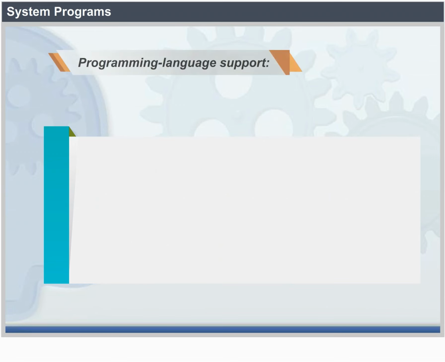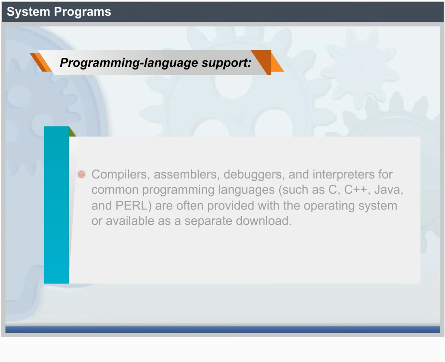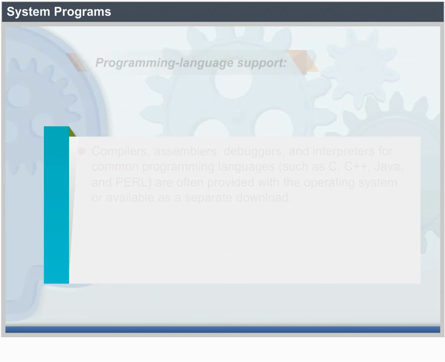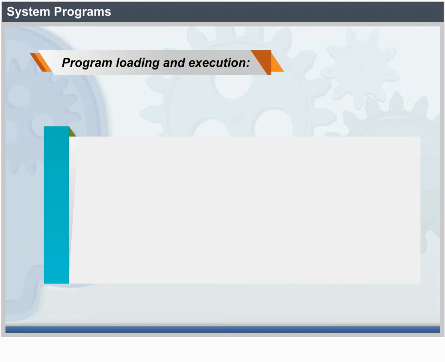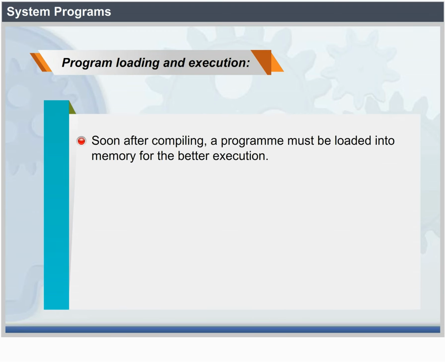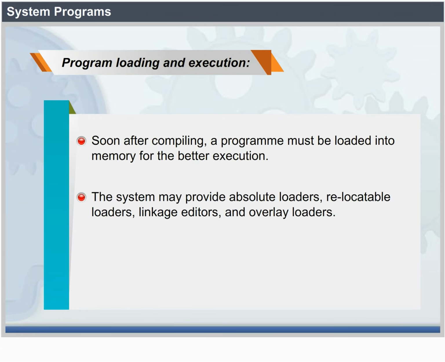Compilers, assemblers, debuggers, and interpreters for common programming languages such as C, C++, Java, and Perl are often provided with the operating system or available as a separate download. Program loading and execution. Once a program is assembled or compiled, it must be loaded into memory to be executed. The system may provide absolute loaders, relocatable loaders, linkage editors, and overlay loaders. Debugging systems for either higher-level languages or machine language are needed as well.